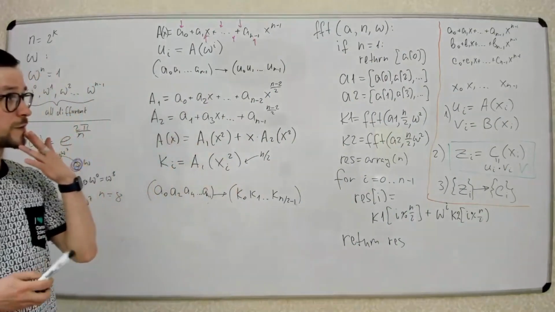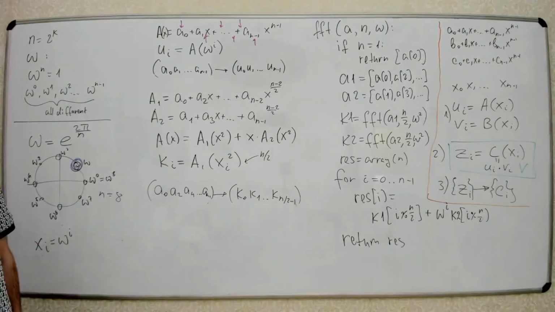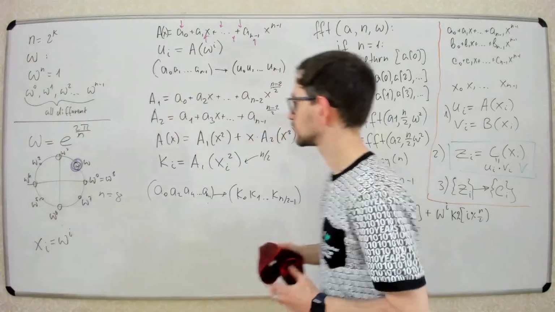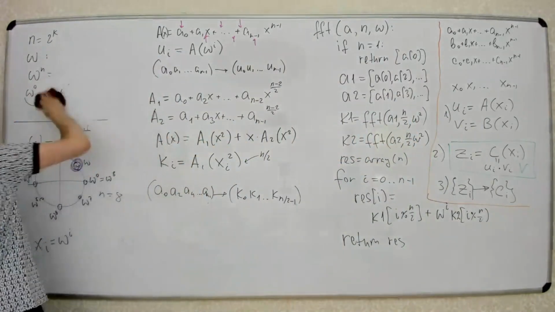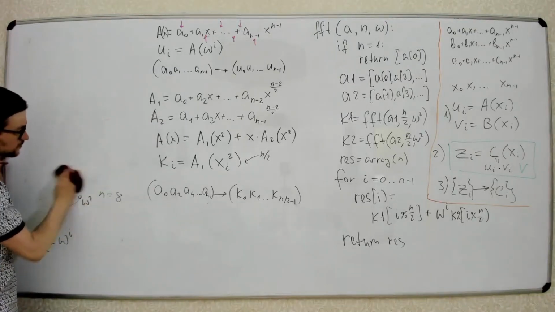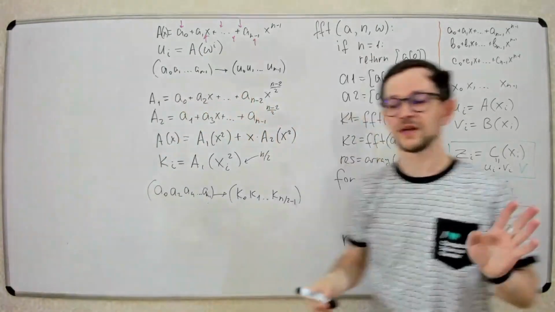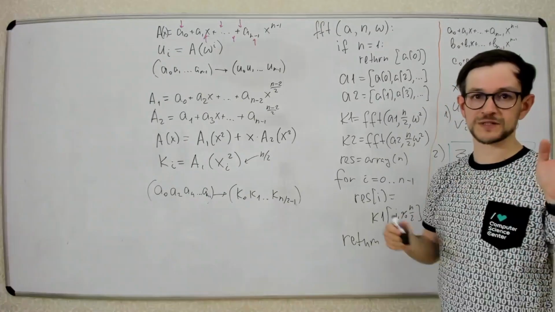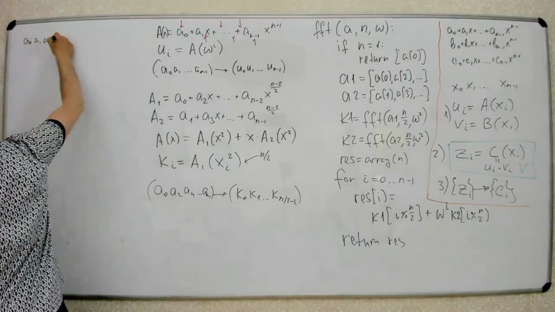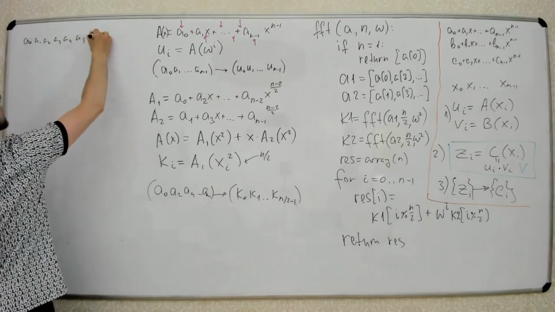That's basically the whole Fast Fourier transformation. Once again, let's do it once again. Let's have a polynomial of 8 coefficients: A0, A1, A2, A3, A4, A5, A6, and A7.